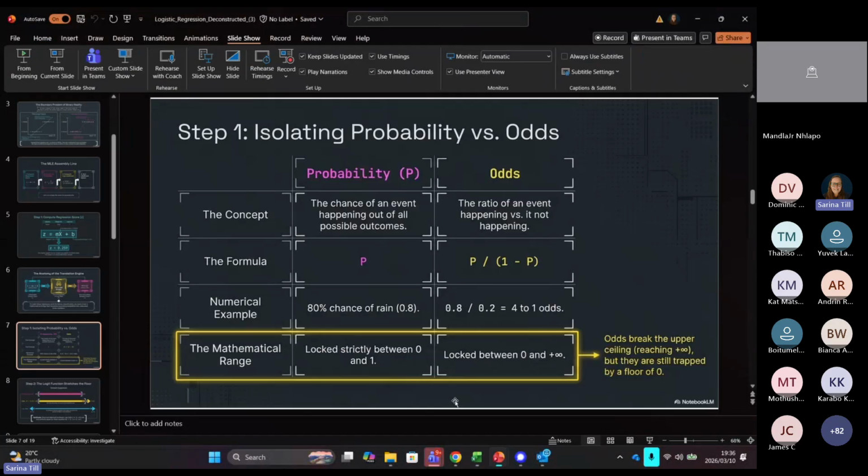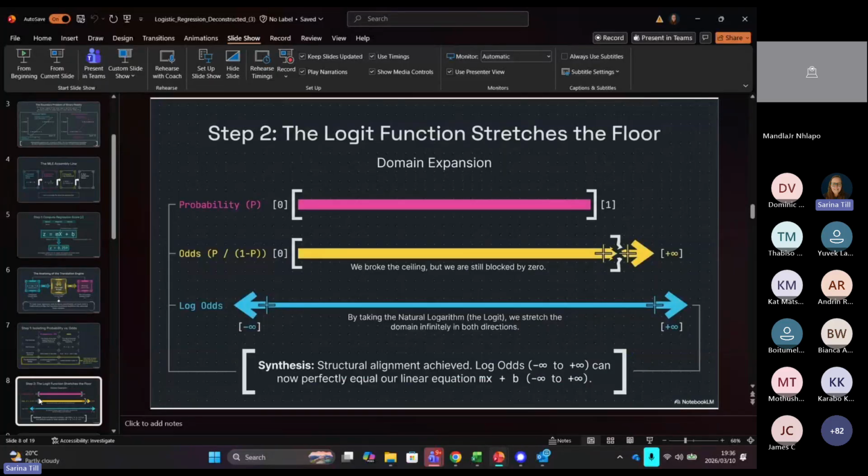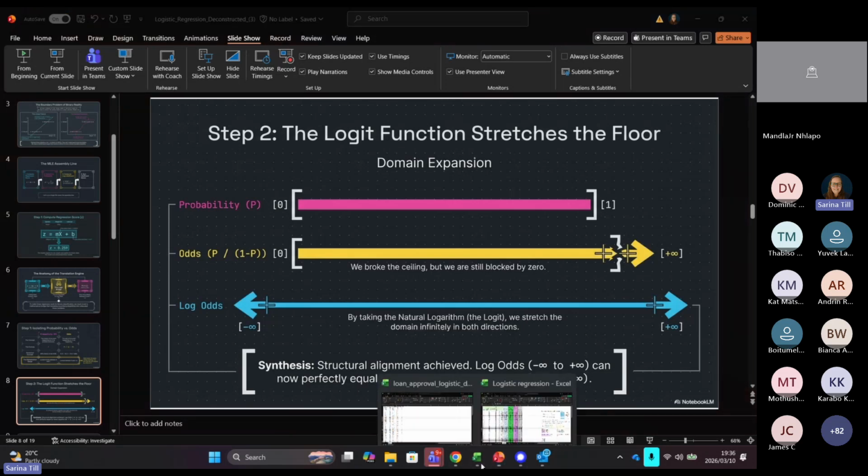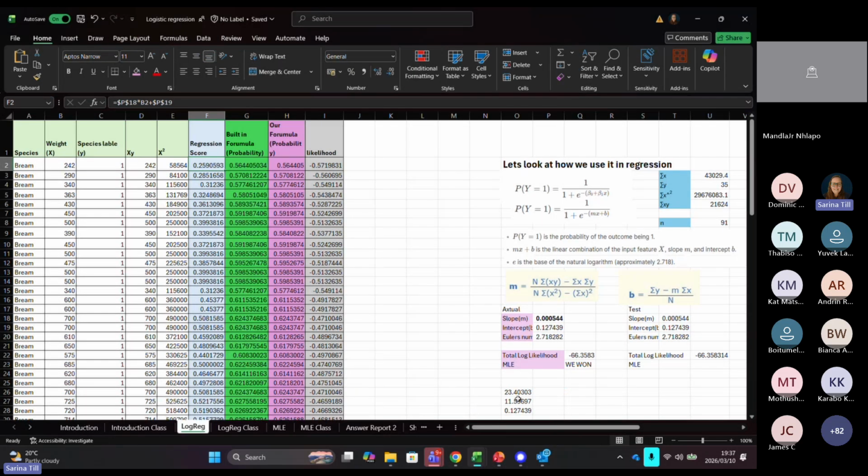And then they're trying to tell you in great detail, why did we use the log odds? It's simple. Probability goes from 0 to 1. Odds allows us to go from 0 to positive infinity. But we should be able to use negative values too.